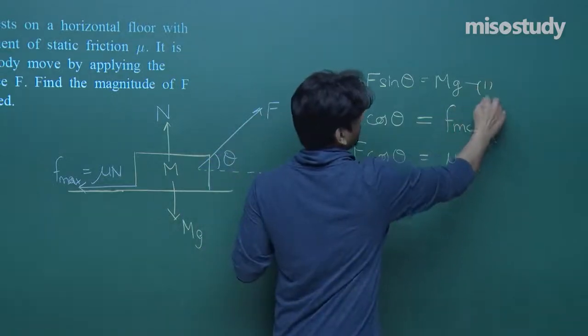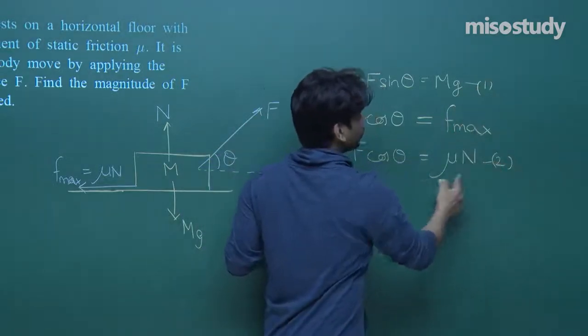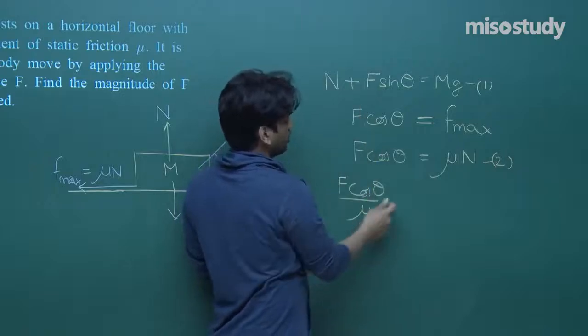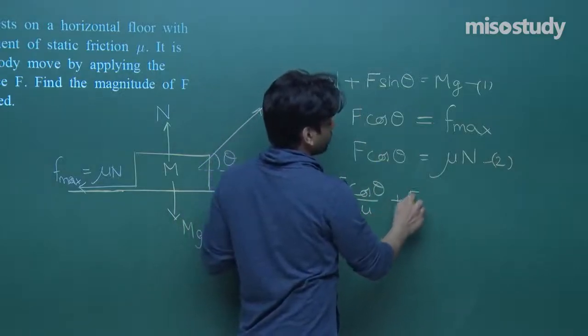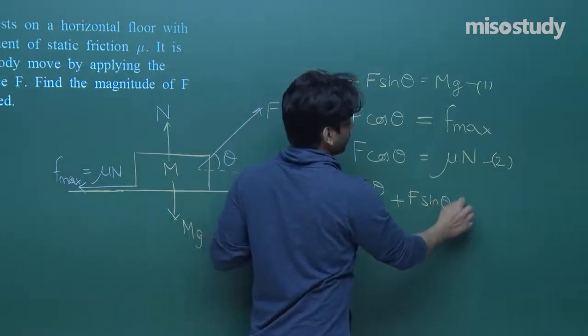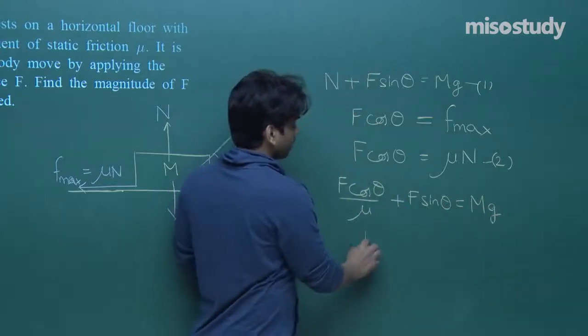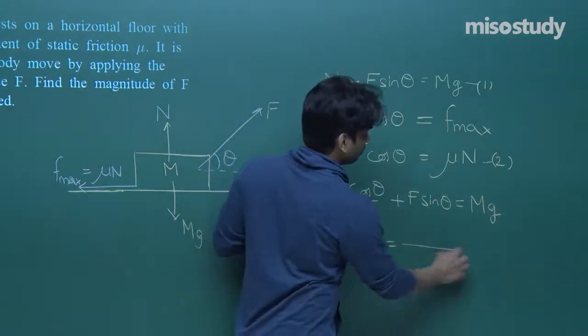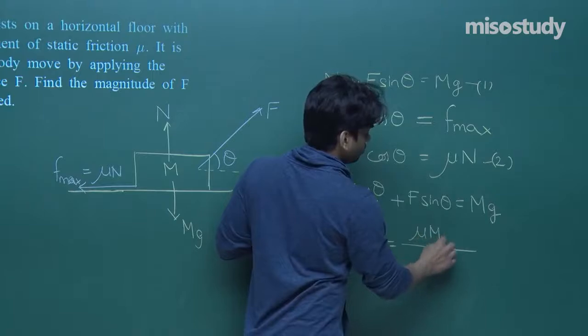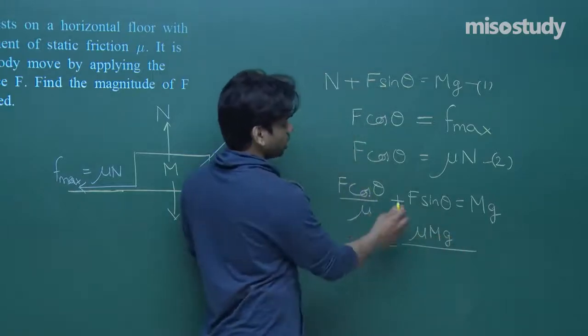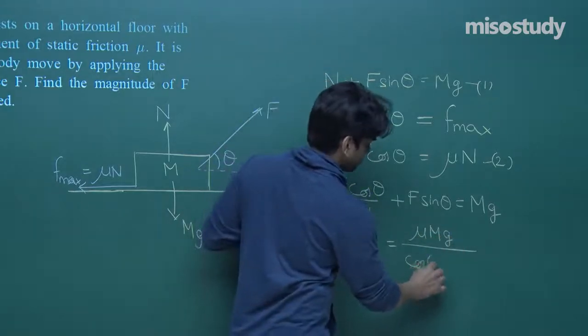We are substituting the value of n from equation number 2 in equation number 1. F cos theta by mu plus F sin theta will be equal to capital Mg. Now easily we can find out F will be equal to mu Mg divided by cos theta plus mu sin theta.